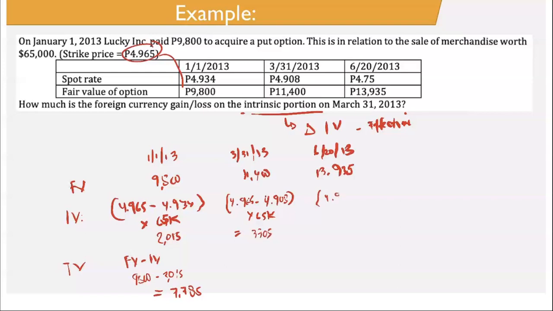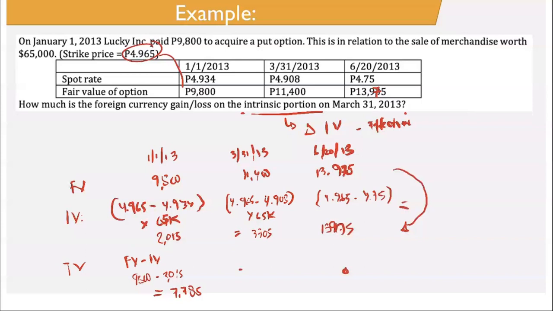And then last, we have 4.965 less 4.75 times 65,000. We have 13,975. As we said, this must be equal to the fair value, so they need to be the same. The time value will be 0.